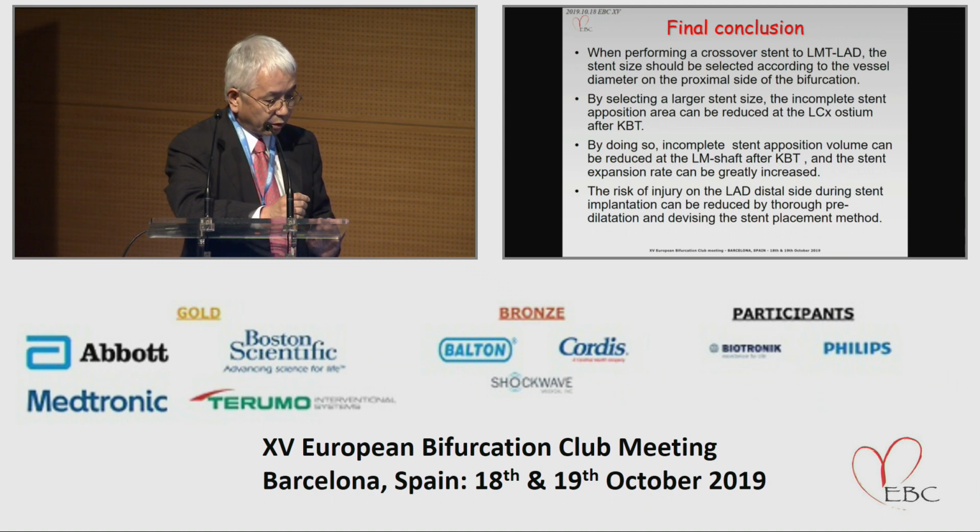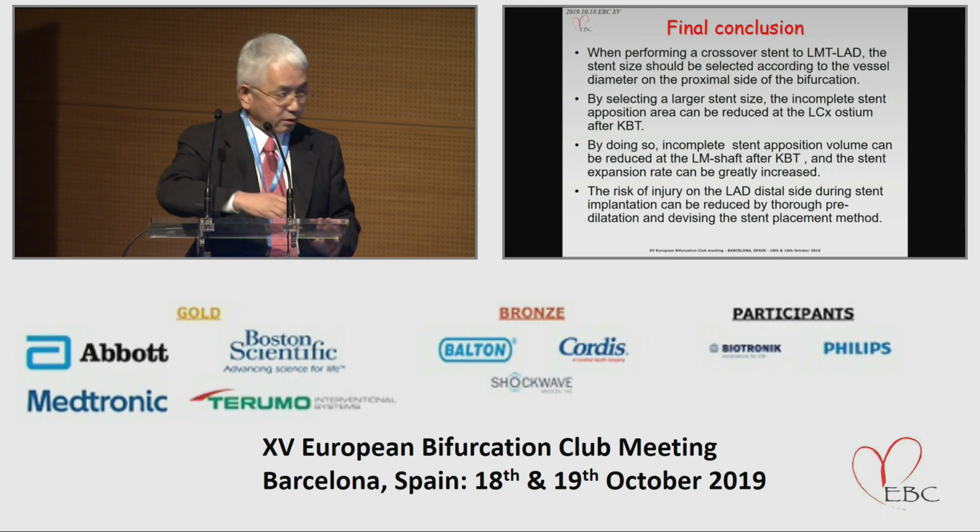By doing so, incomplete stent apposition volume can be reduced at the left main shaft after KBI, and stent expansion rate can be greatly increased. And finally, risk of injury of the LAD distal side during stent implantation can be reduced through predilatation and devising the stent placement method. Thank you very much.